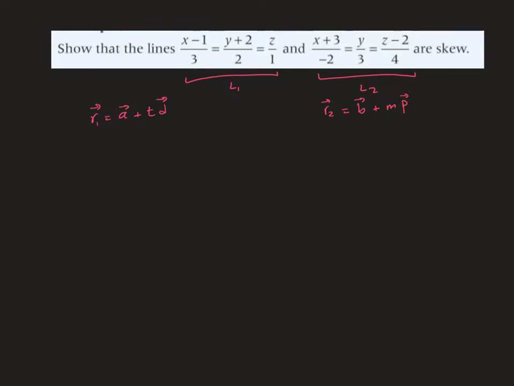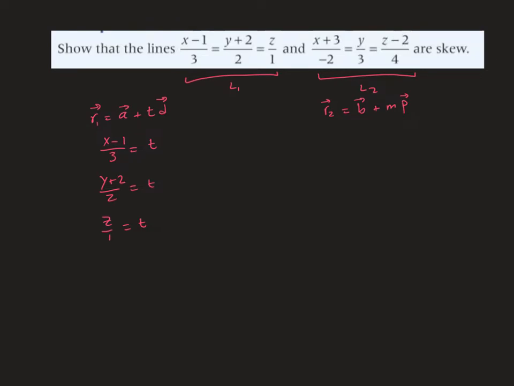So for L1, my equation should be (x minus 1) over 3 equals t, (y plus 2) over 2 equals t, and z over 1 equals t.